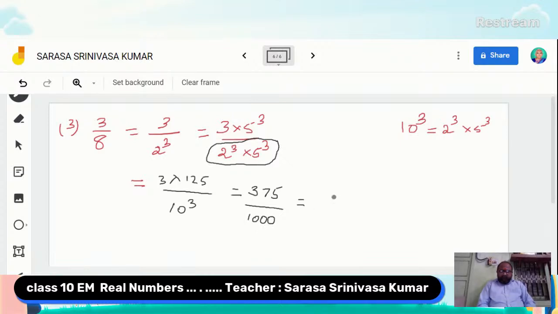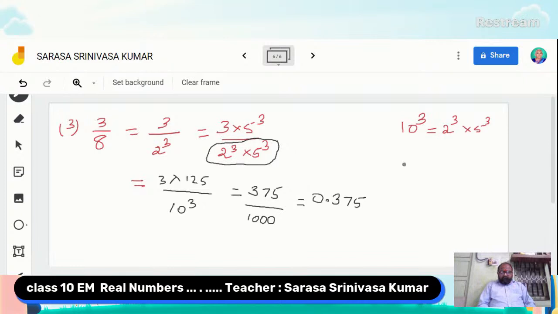So this can be written as 0.375. The given number 3 by 8 is converted into a decimal number 0.375. To convert this, what we have done is 8 can be expressed as 2 power 3.